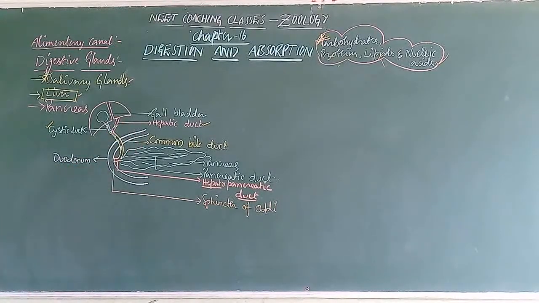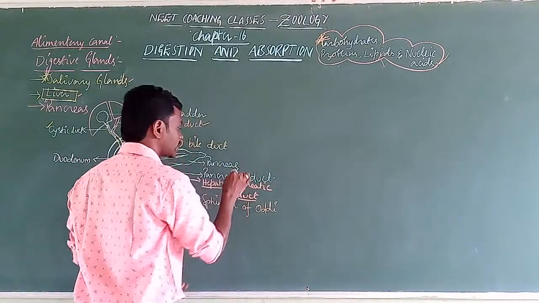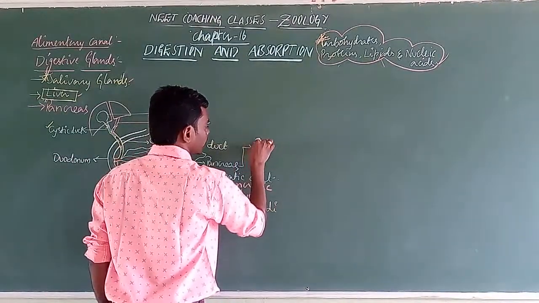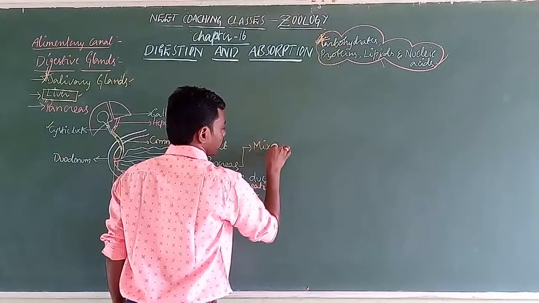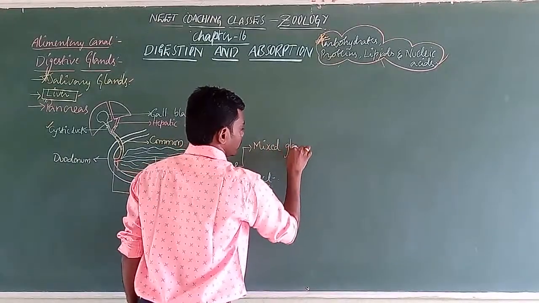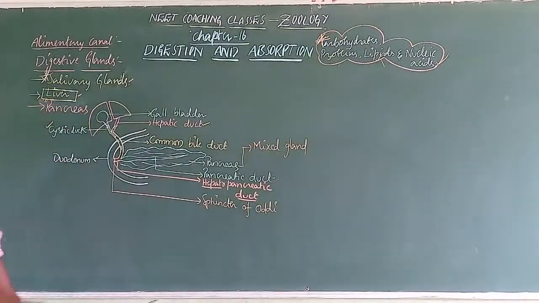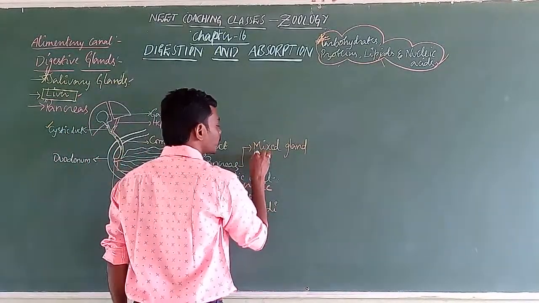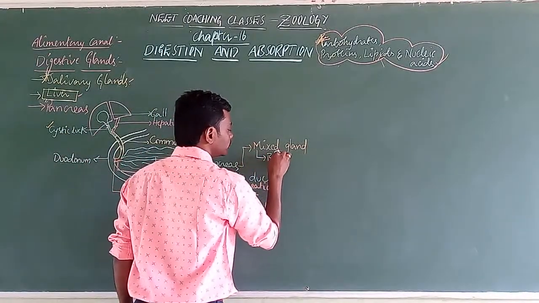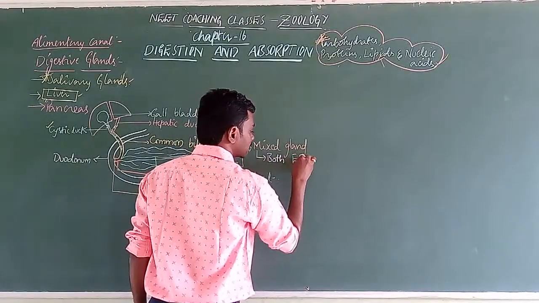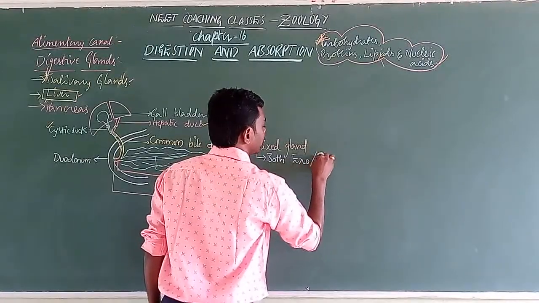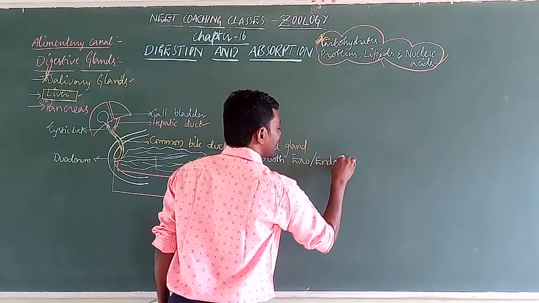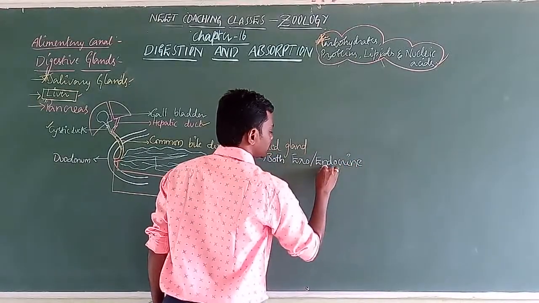That is about the pancreas. Here, the pancreas is considered a mixed gland. The reason is that it performs both exocrine and endocrine gland functions.